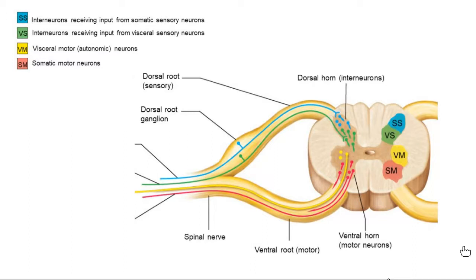Okay, so just know that the sensory info is collected and detected in the dorsal root ganglion, right? Which then goes to the dorsal gray horn where the interneurons are, and the interneurons process and predict the response.